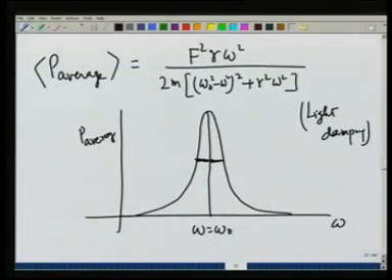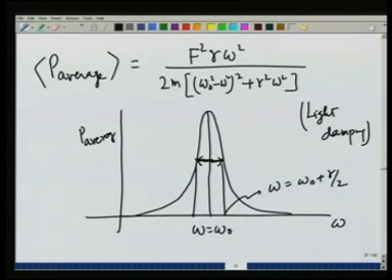And at omega equals omega naught plus gamma over 2 and omega equals omega naught minus gamma over 2, the power becomes half of the peak power.